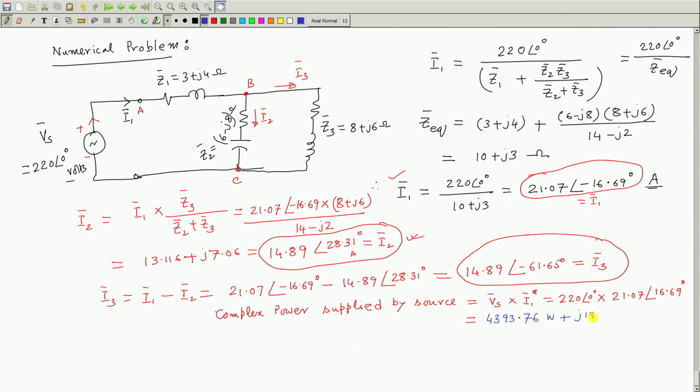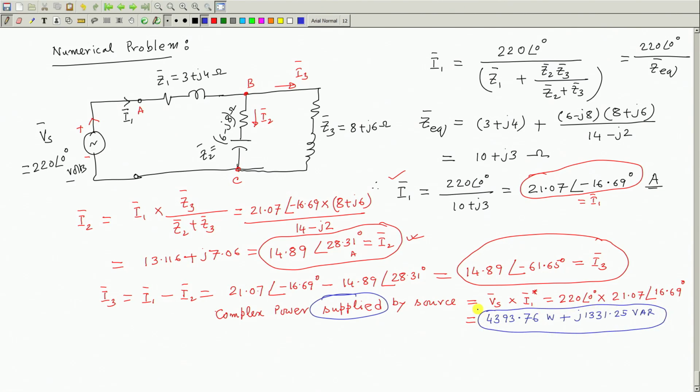I hurriedly calculated, but you please cross check this. This is the power supplied by the source. This point is important and you calculate it. So, this is one result.